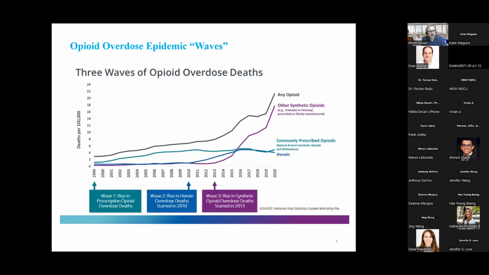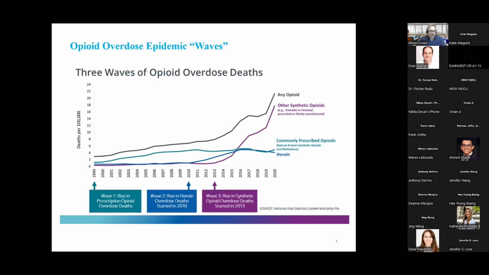Really the first phase started in the late 90s with opioid overdose deaths, most commonly from prescription opioids. And this really corresponds to the overprescribing of opioids by clinicians. That's the first wave, when we begin to see a rise in opioid overdose related deaths.